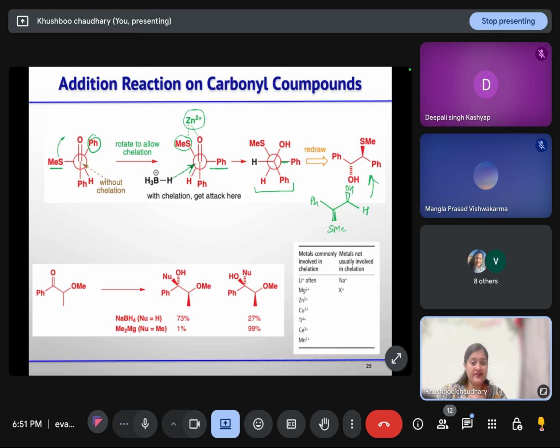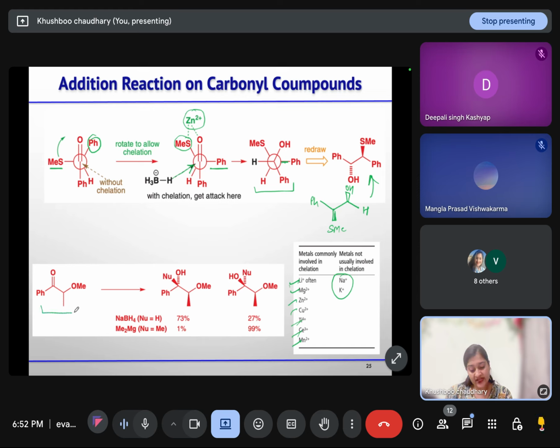Whenever you have metals like lithium, magnesium, zinc, copper, titanium, cerium, manganese, they can chelate with the carbonyl carbon and the adjacent atom having lone pairs of electrons. But if you have sodium or potassium, they will not chelate.